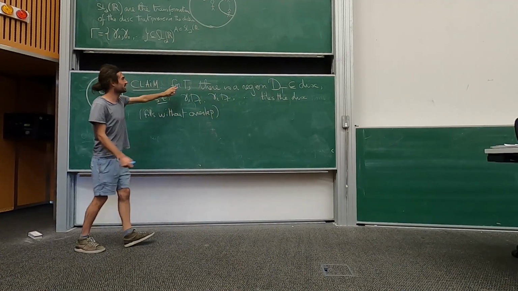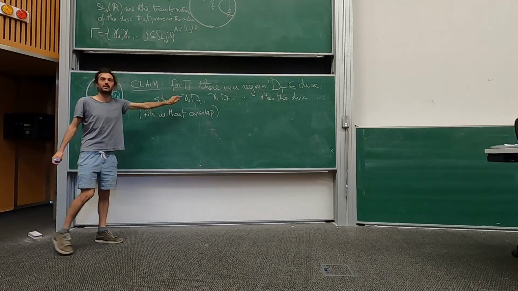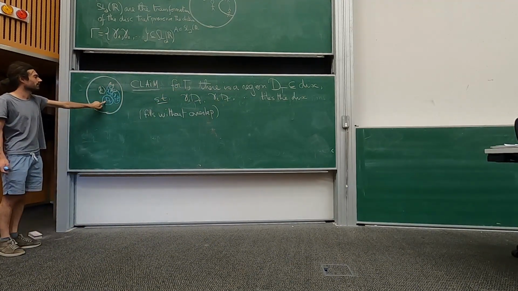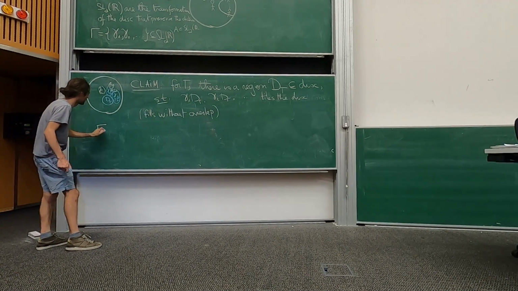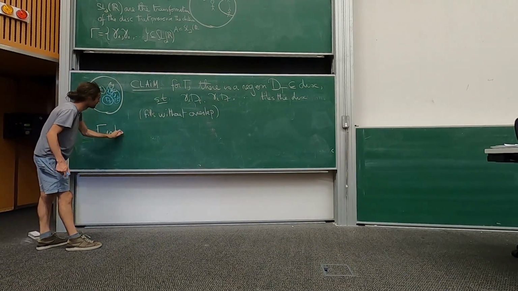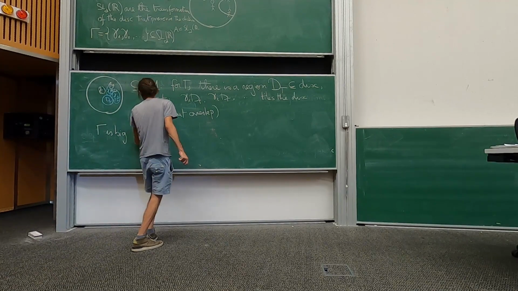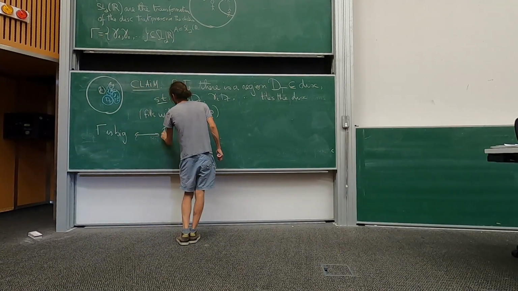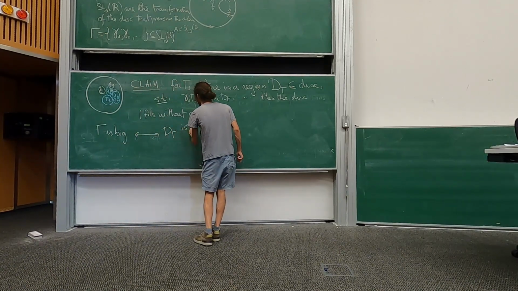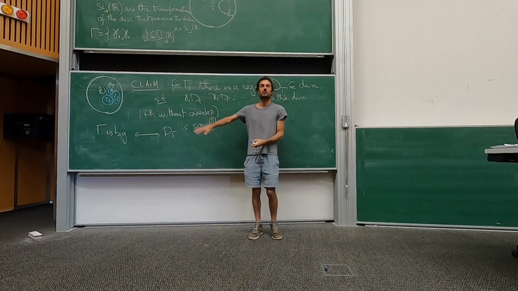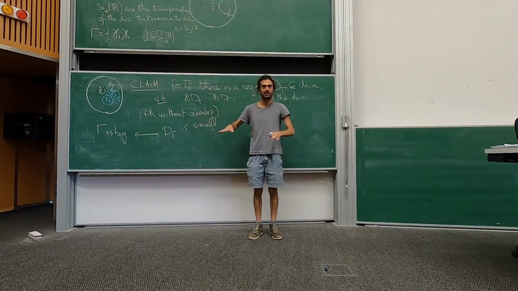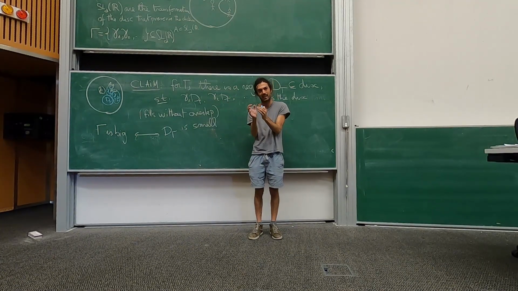And to measure how big is gamma, what I say is that I look at the size of the d gamma. And gamma is big is the same as d gamma is small. Because when gamma is big, I have more tiles. So I can have smaller tiles.